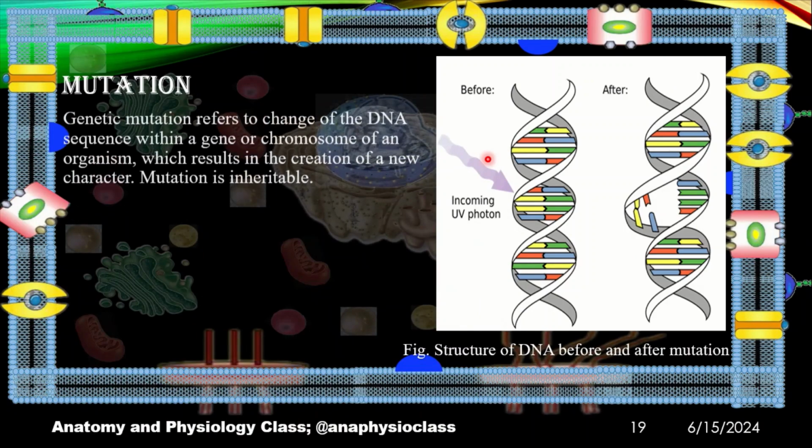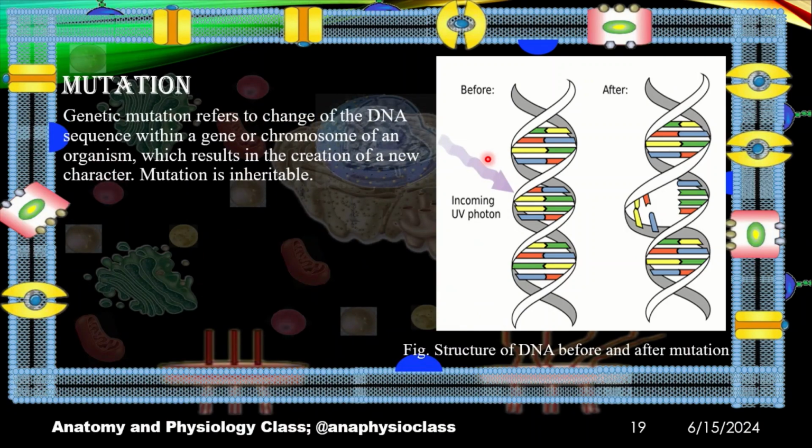Then mutation. Remember the segment of DNA that we showed you. There are some abnormalities or conditions whereby that coding will be altered or tampered with.